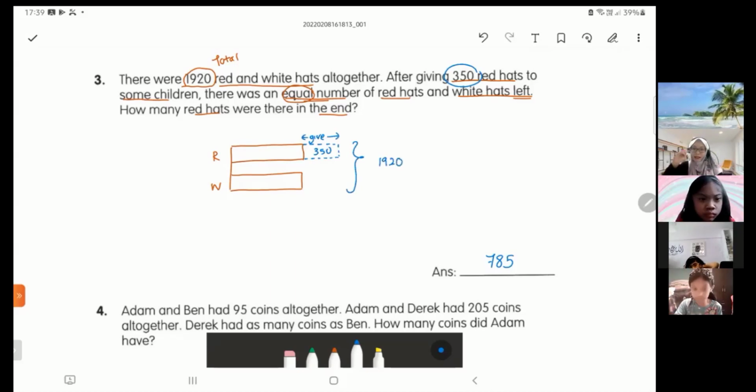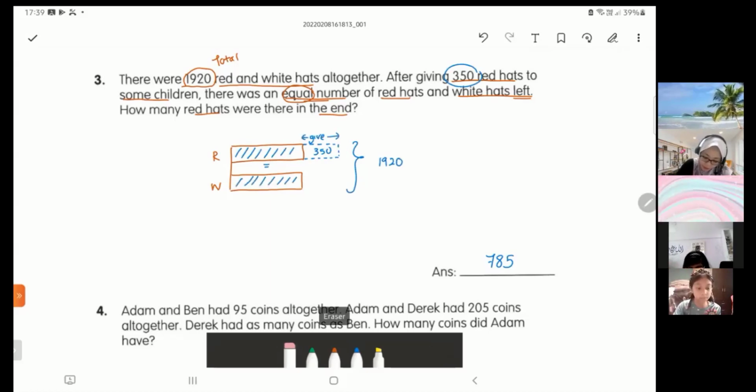So now I started with my after model, but ended up with my before model, right? My after model is this portion. The red and the white are equal. But when I start drawing, I end up with a before one. This is a before total, not the new total.